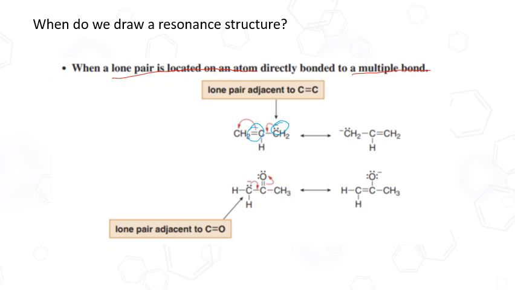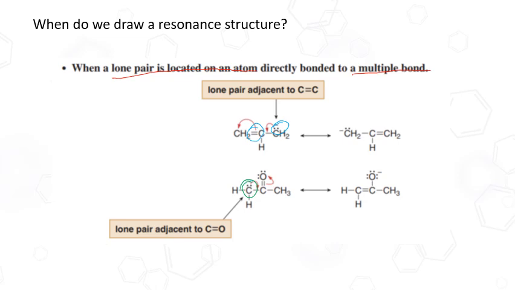Now, for the other example, you have here a carbon with a lone pair, and then a carbon multiply bonded to an oxygen. So again, a lone pair connected to a carbon with a multiple bond. That's when a resonance structure is possible.